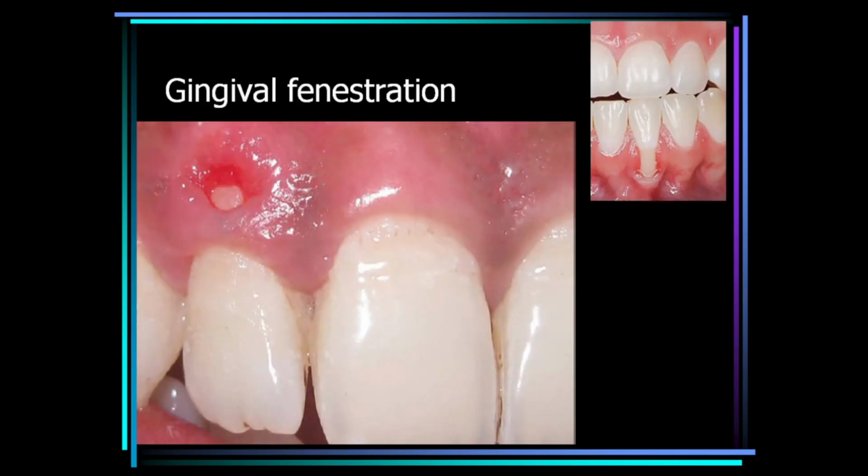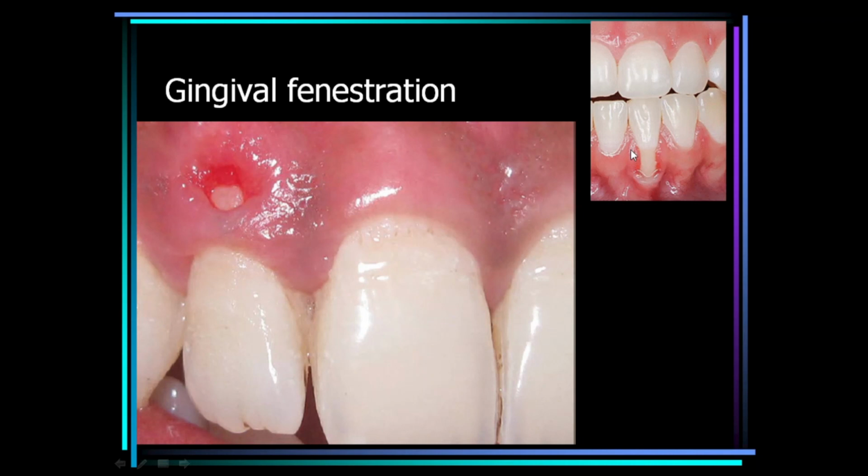Now this is gingival fenestration. I have added this gingival fenestration in the chapter of bone loss because I want to make clear in your mind the difference between gingival fenestration and the fenestration that is seen in the bone. Basically, it is a fenestration that we can see in the gingiva, a hole in the gingiva. This is gingival fenestration, and this is gingival recession.